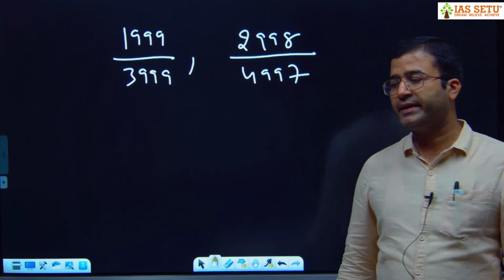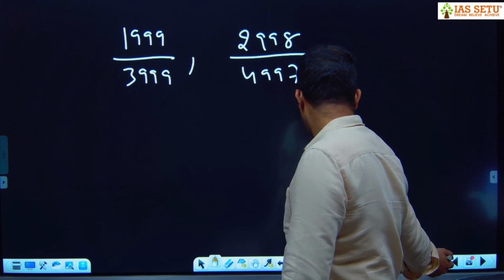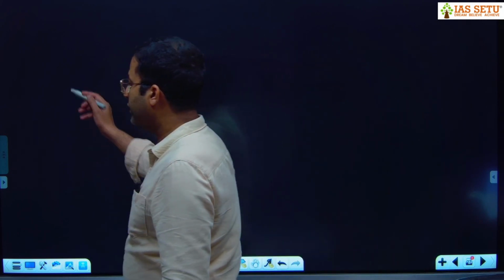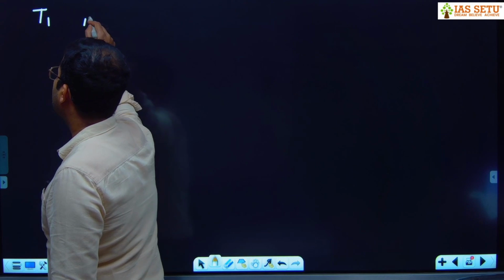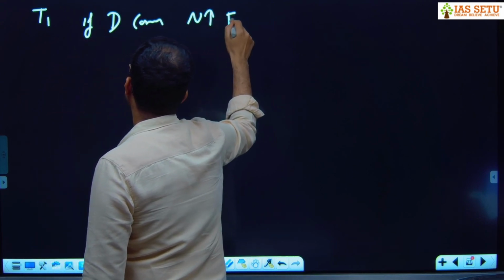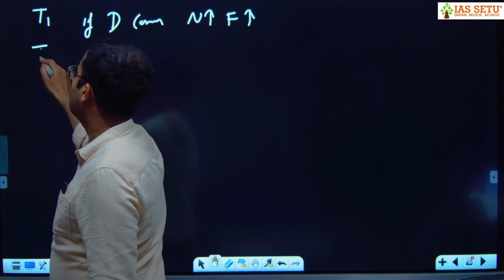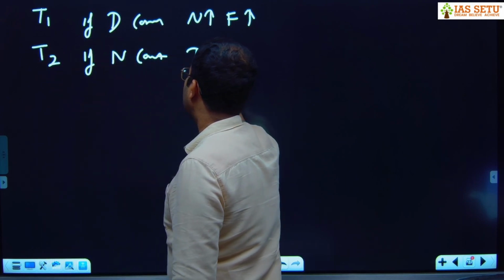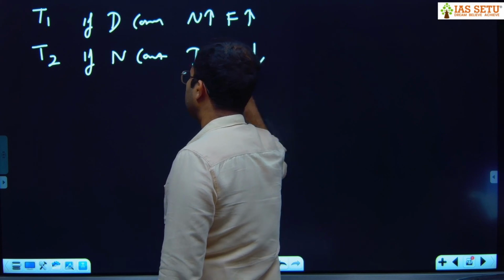So what is the idea? Let us revise. Then I take this question with the help of type 6. Type 1 is if denominator constant as numerator increases, fraction value increases. Type 2, if numerator constant as denominator value increases, fraction value decreases.